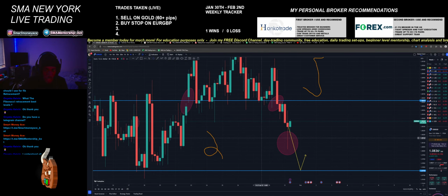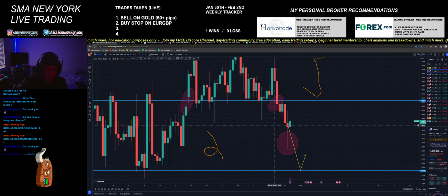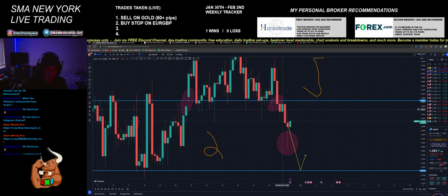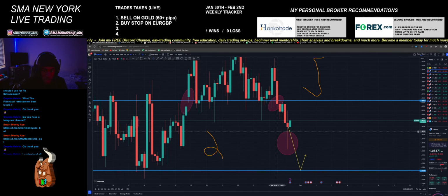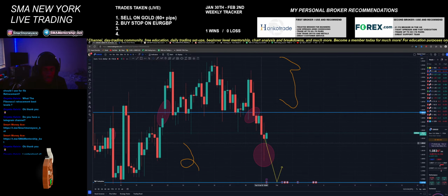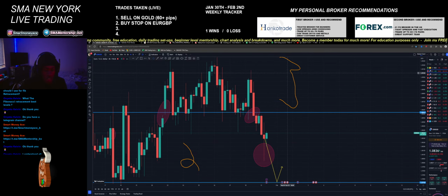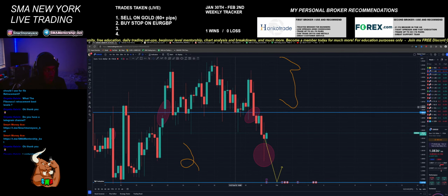You could use it as a confirmation that the sellers are losing momentum in a bullish trend reversal, or the buyers are losing momentum in a bearish trend reversal, meaning that wick is pushing off of that significant level of your golden zone to have a trend continuation. So when you see a wick, you can use that wick as a pin bar confirmation that your trend is going to hold with market structure.